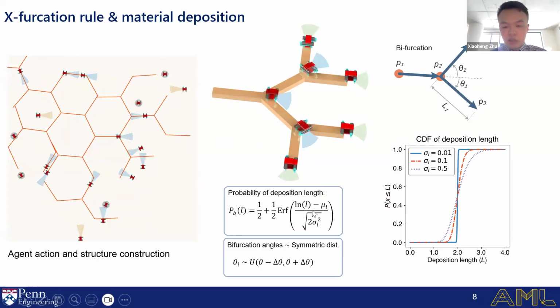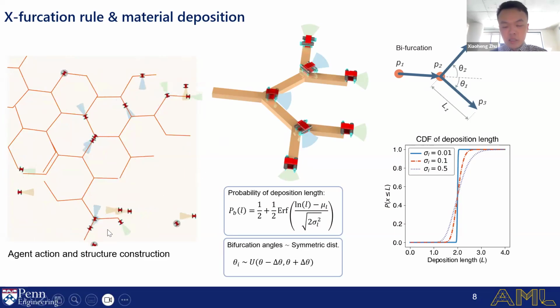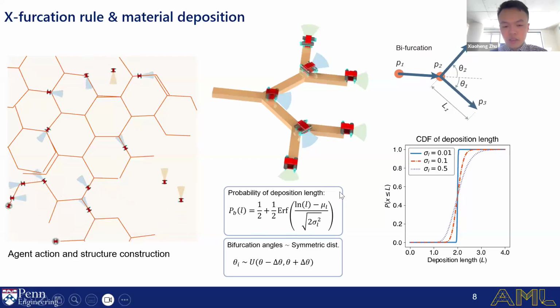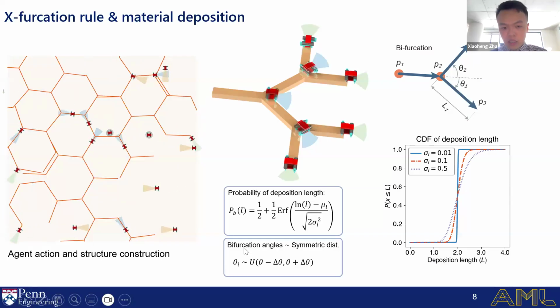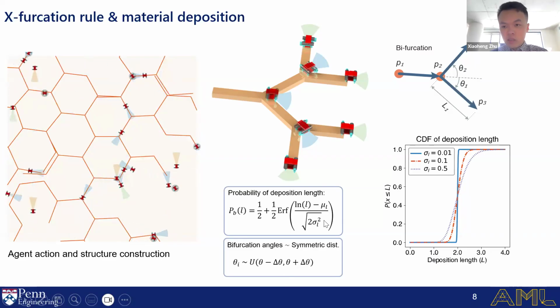So you can see that basically speaking, we use two functions to control the stochasticity level of our artificial structures. The first one is the probability of the deposition length, and the second one is called the probability in the bifurcation angles. So we use these two parameters to control the stochasticity level.